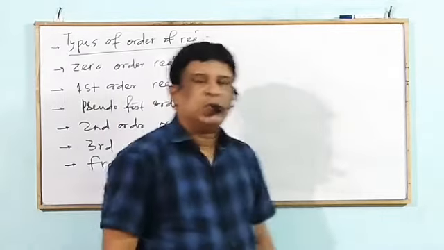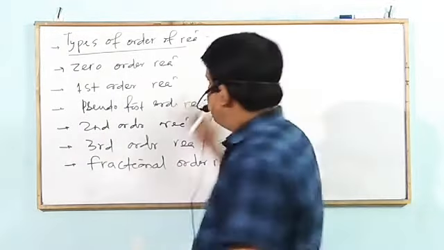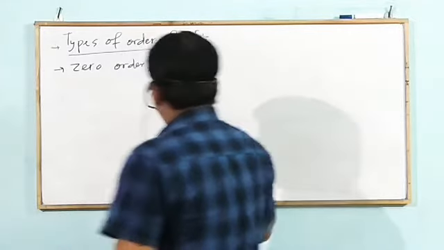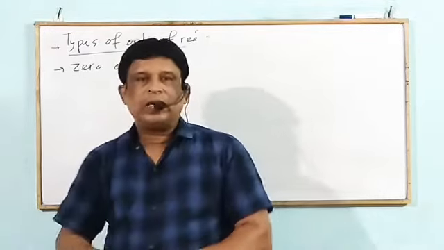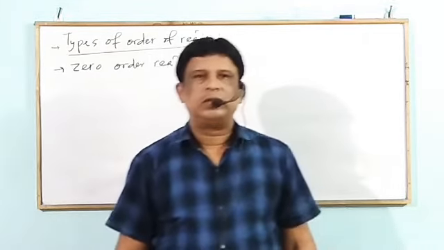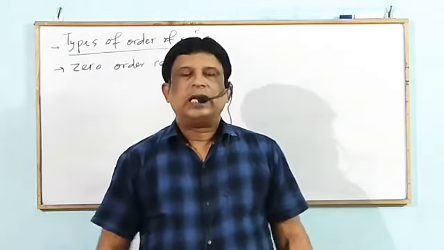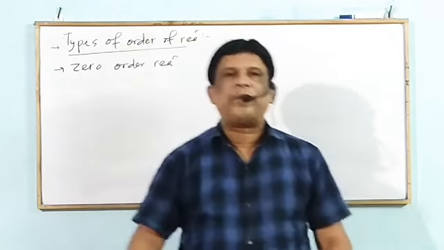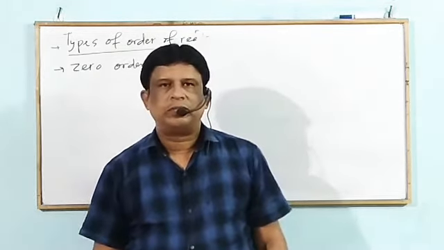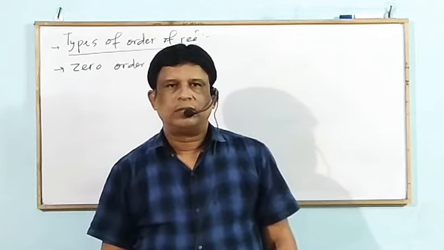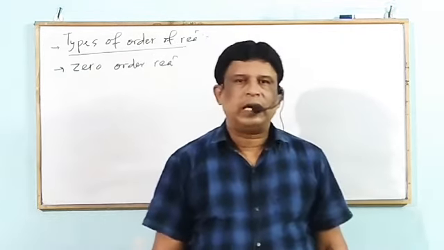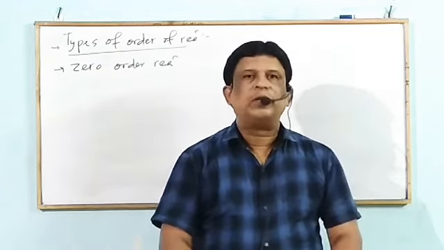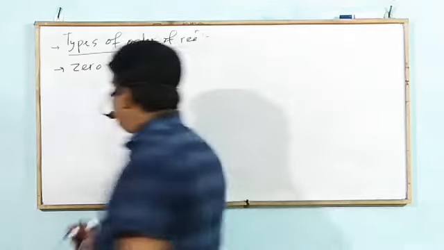First one is zero order reaction. So what do you mean by zero order reaction? It is the type of reaction in which the molar concentration of reactant does not affect the rate of reaction. Suitable example: photochemical combination of hydrogen with chlorine.